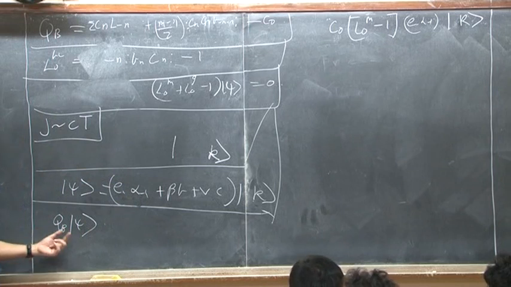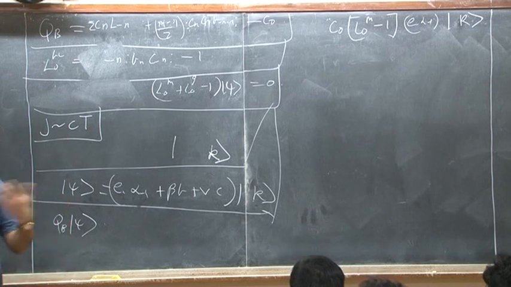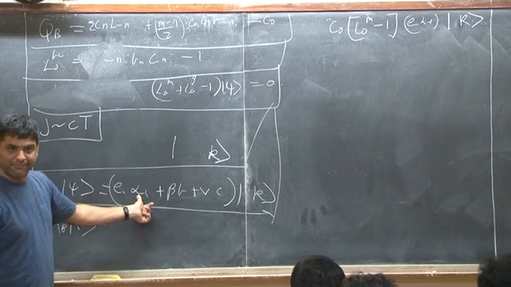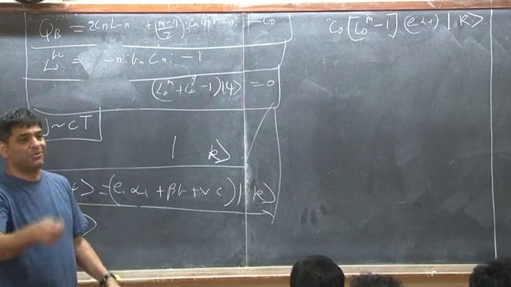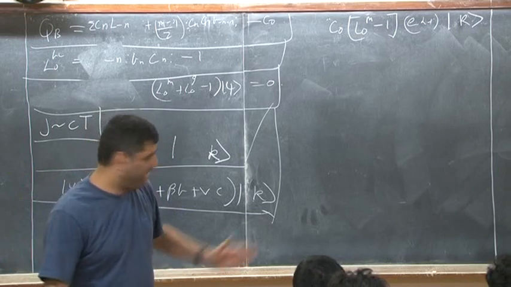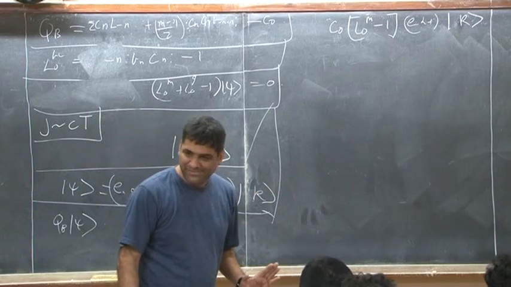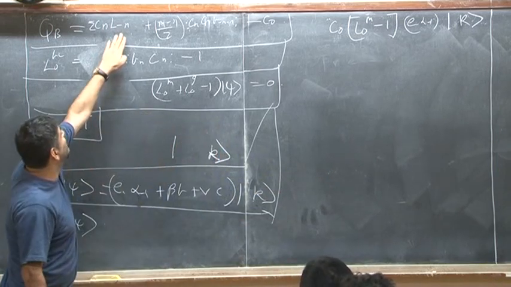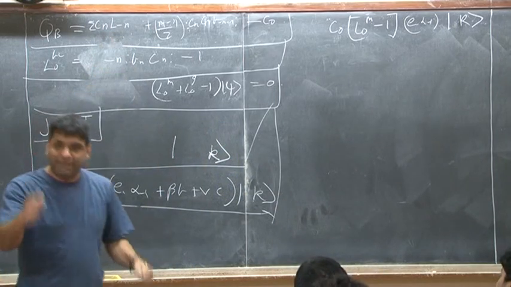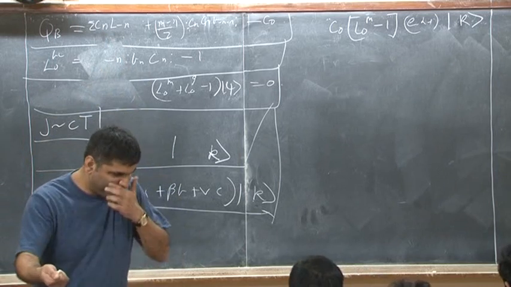That's the only piece that will give something non-zero, because there is an alpha 1, but that will be killed by contracting with alpha minus 1. All other pieces would have an alpha 2 and alpha 3, which will just go through and kill k. So the only part of L plus 1 that will contribute is the alpha 0, alpha 1.